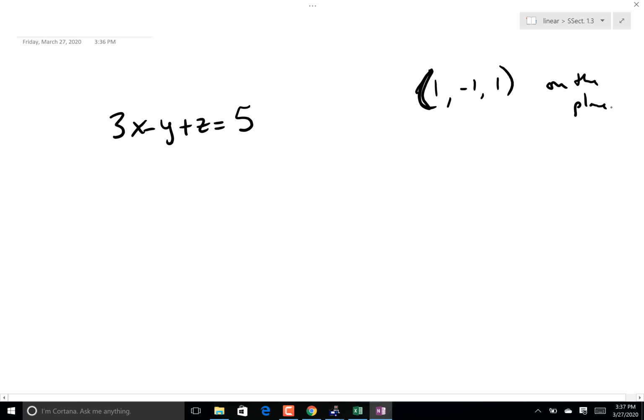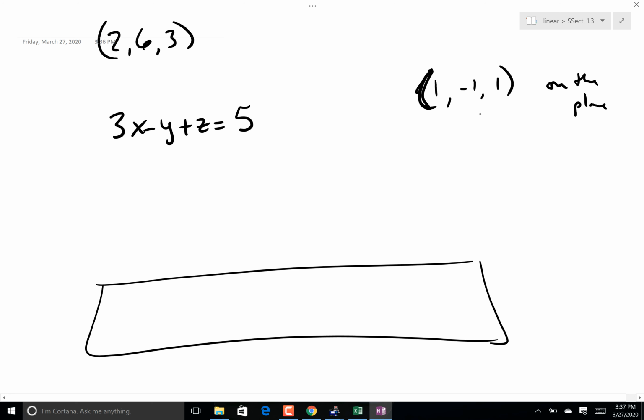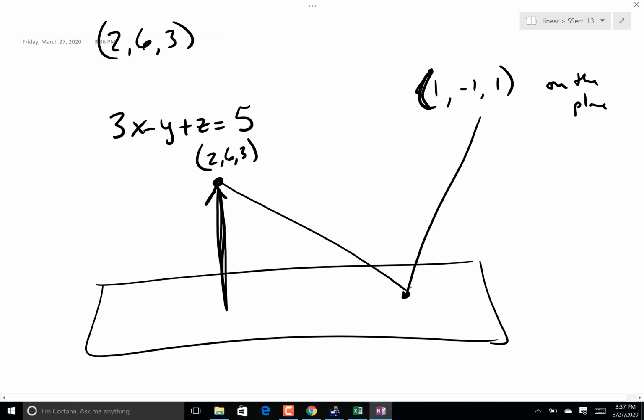And there's a point that's not on the plane, so the point that's not on the plane would be (2, 6, 3). Okay, so again, here's this point here on the plane. Now remember, there's always a normal vector sticking up out of this plane. Okay, we picked the one that happens to go through this guy for the purpose of the picture. So we have this vector here. Doesn't matter which way you have that vector going, it's neither here nor there to me.